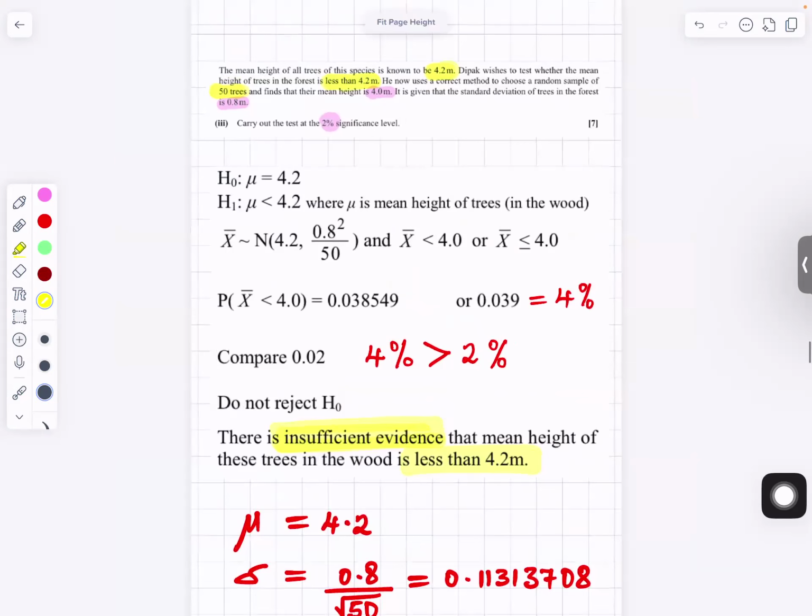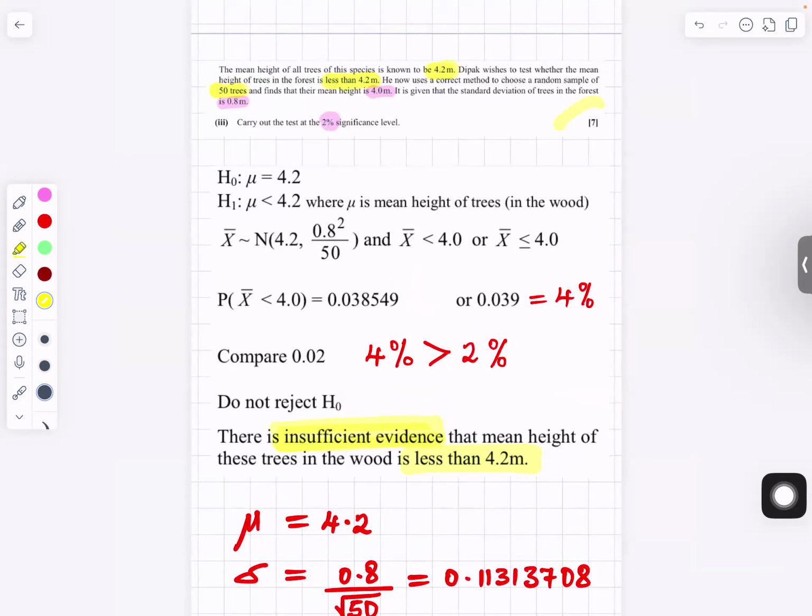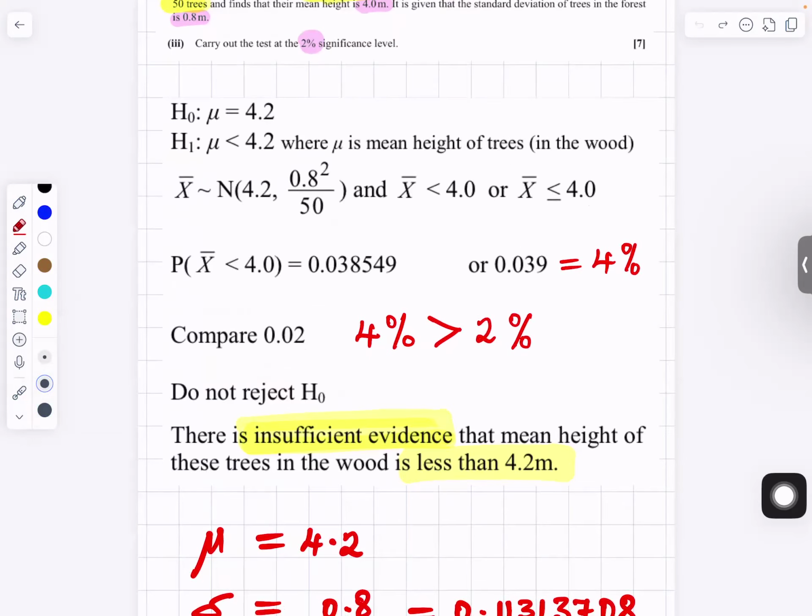So I hope that helps you with this type of question. It's a 7-mark question, and I'll show you where they give some of the marks so that you know where you get your mark. When they mark the exam, you put your null hypothesis, 1 mark. You put the alternative hypothesis, the 2nd mark.